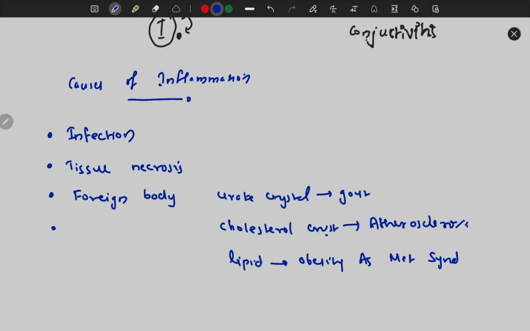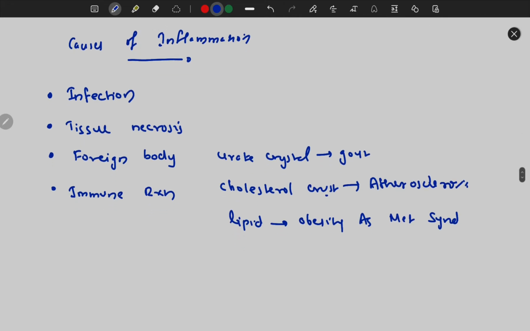The fourth cause of inflammation is the immune reaction, which can also be called hypersensitivity. These are reactions in which the normal protective immune responses damage the individual's own tissue.